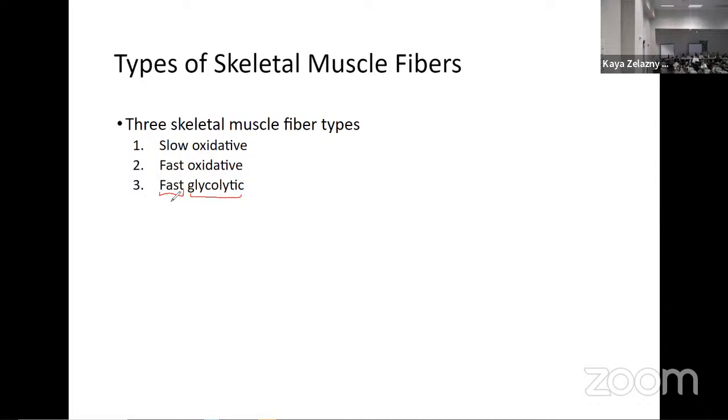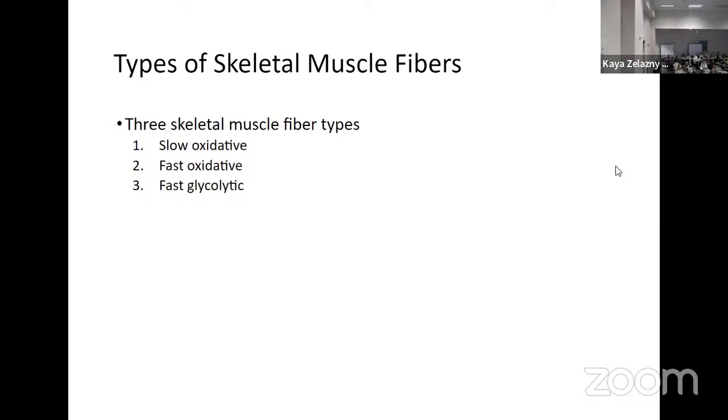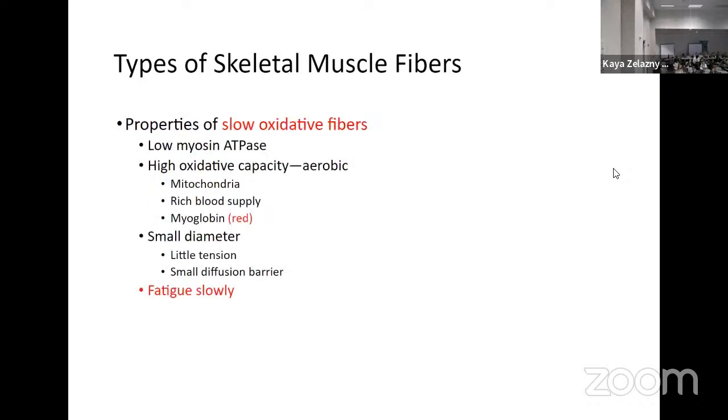But this is that same pairing of myosin type and then the ATP production type, the metabolism type. So when we go through each of those three actual types of muscle fibers that we could categorize if we pulled one out of your muscle, we're going to see that they have the characteristics you would expect based on those two pieces to their name.